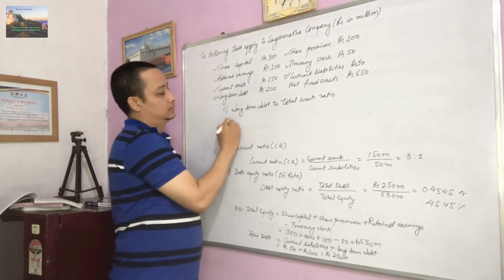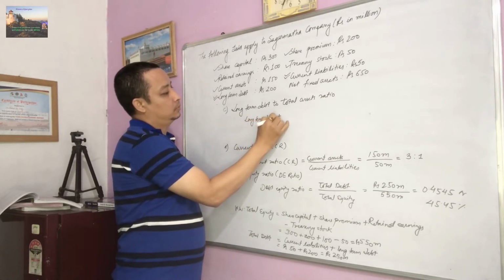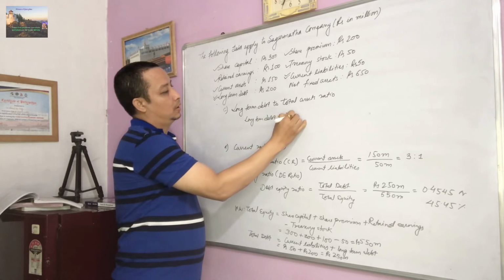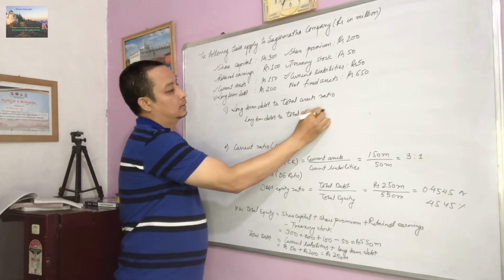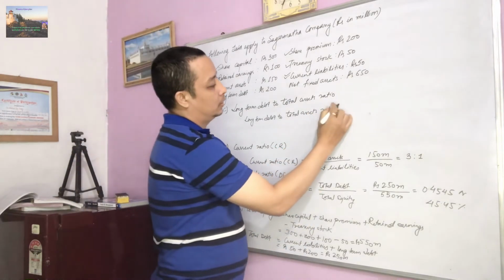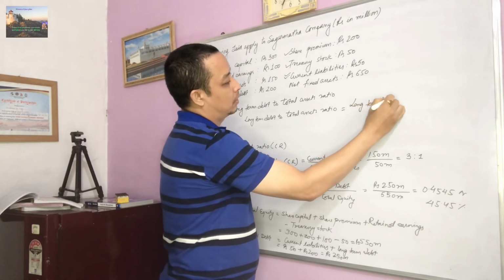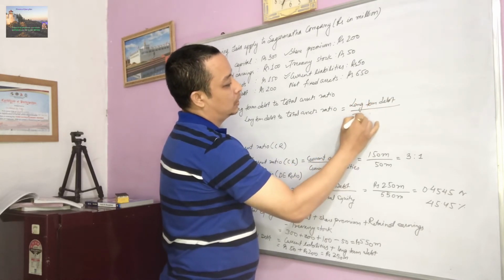So here long-term debt to total assets ratio equal to long-term debt upon total assets.